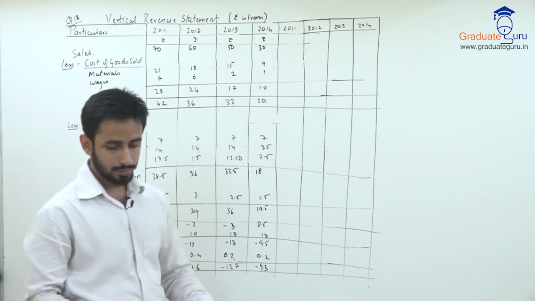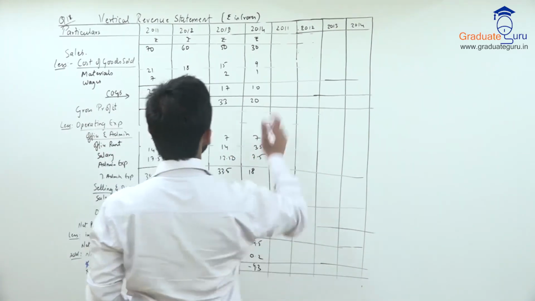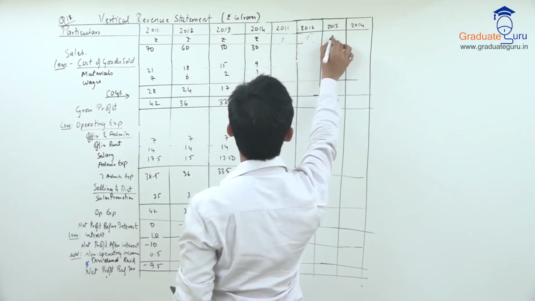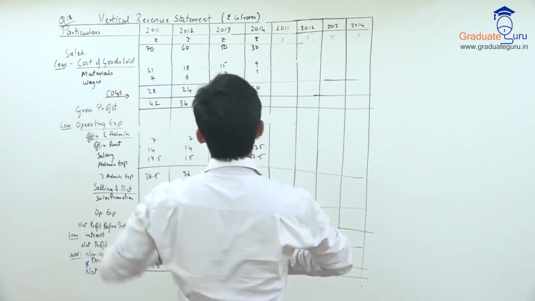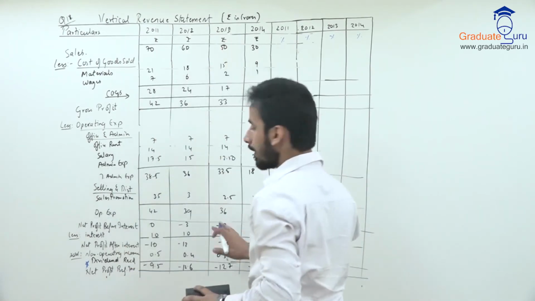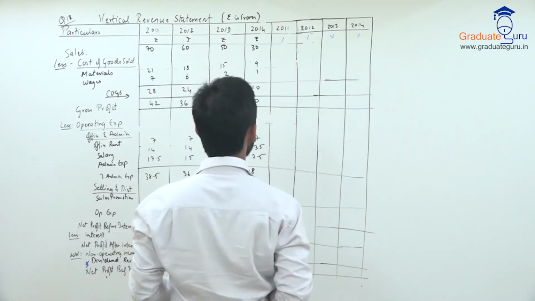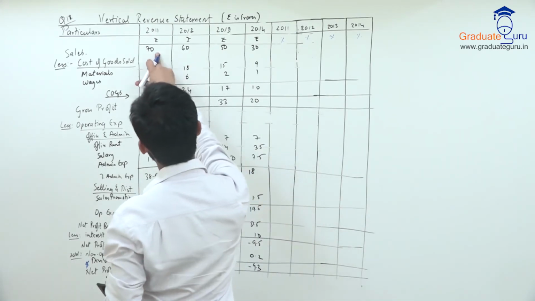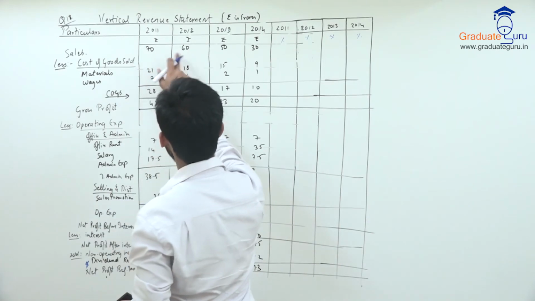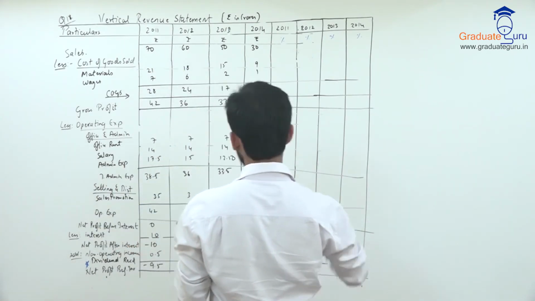Revenue statement is prepared. Now the next part, this is the percentage. You can do it comfortably. I'll do it for 1 year, and for the remaining 2 years, you'll be doing it for homework. 60 is current year, this is 70. So for the base, 60 divided by 70, as a percentage, is 85.71.